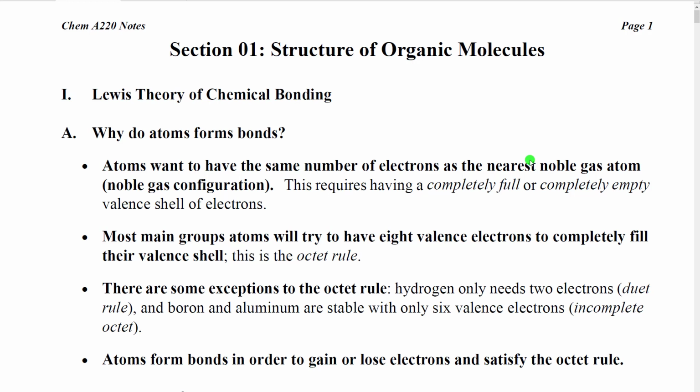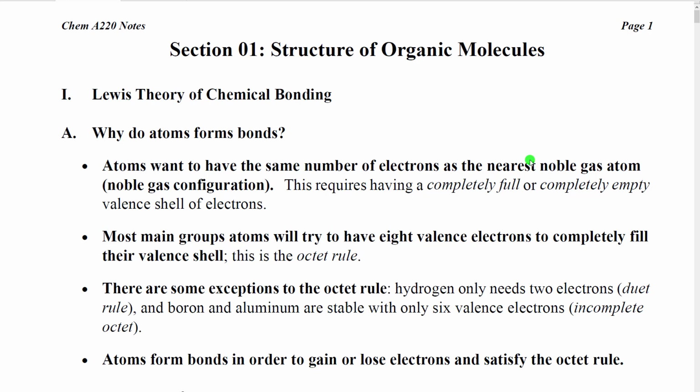It's kind of amazing when you think about it that the Lewis theory was published in 1916 during World War I, and in fact, 10 years after Einstein published his theory of relativity. So you can see that really much of organic chemistry and modern chemistry is very, very modern science.